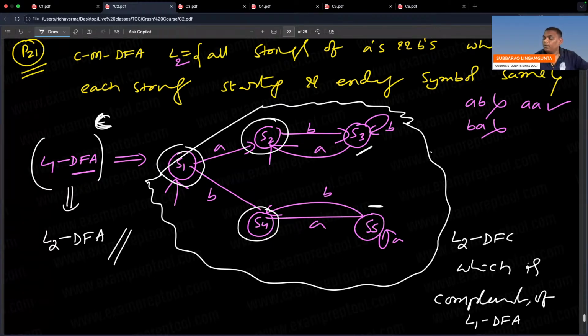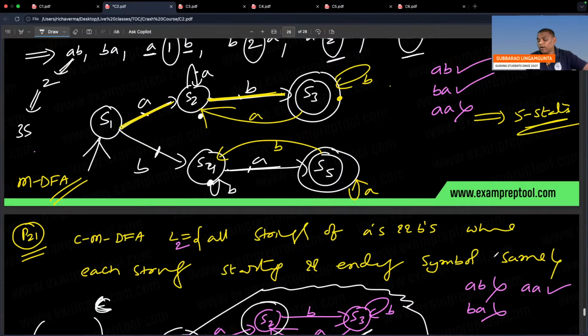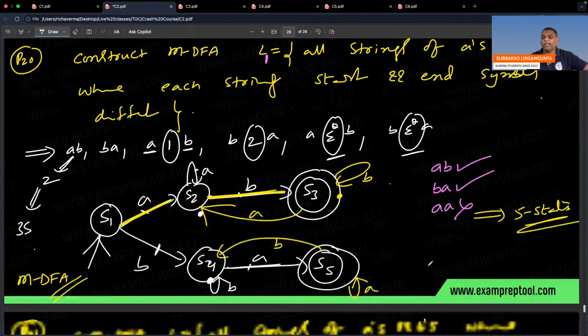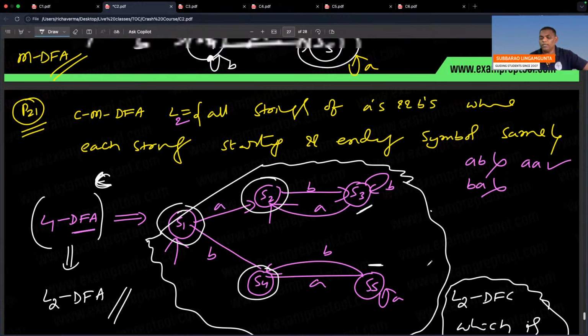Remember, complementation is possible only for DFAs or minimal DFAs. NFA means non-deterministic, no guarantee. A DFA will surely give complementation. I have a DFA for L1, do complementation, you will get L2. I have a DFA for L2, do complementation, you will get L1.